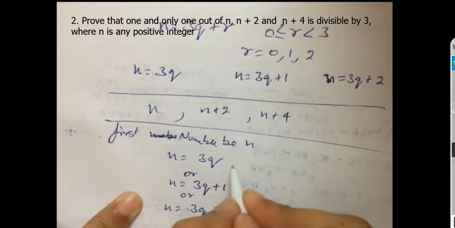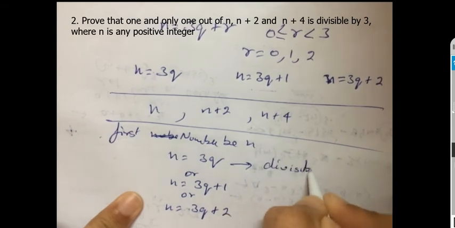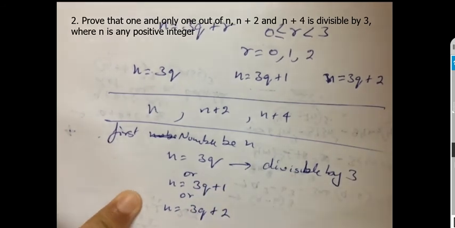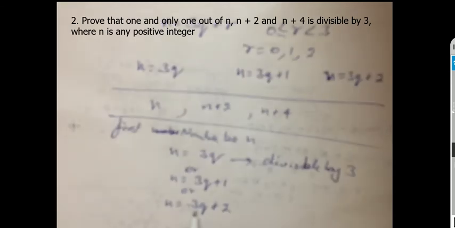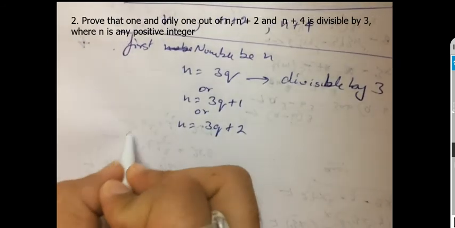Out of this, only the first one is divisible by 3. You cannot divide the second one by 3 because of the 1, and you cannot divide the third because of the 2. There isn't any common factor between them. Now we will check the next one.